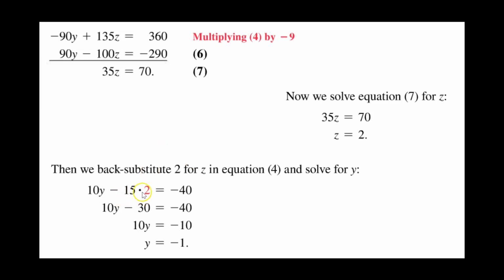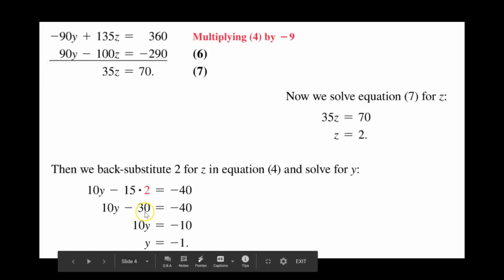For this case, I chose equation 4. I plug in the 2 for z. This gives me 30. I take the 30 over by adding, doing the opposite. I get -10. Take the 10 over by dividing both sides, and y should equal -1.